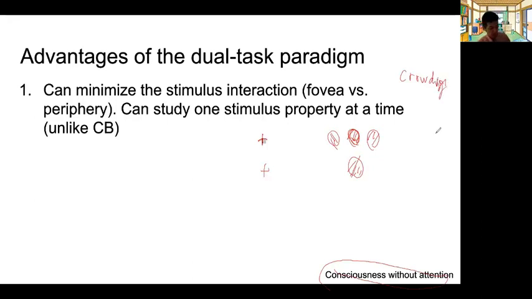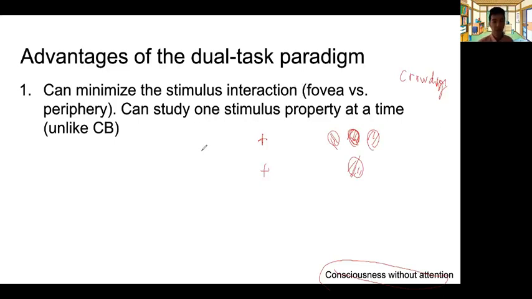But what we are interested in is the pure effect of attentional amplification. Is it necessary for consciousness? So in some cases at least, we want to minimize these crowding-like effects, and purely look at the attentional requirement or trade-off between the 2 tasks.